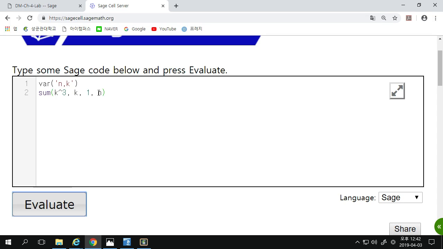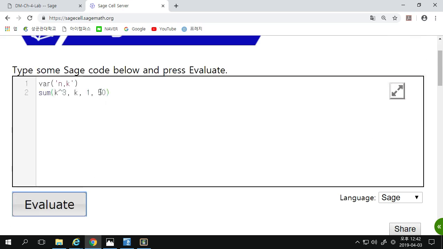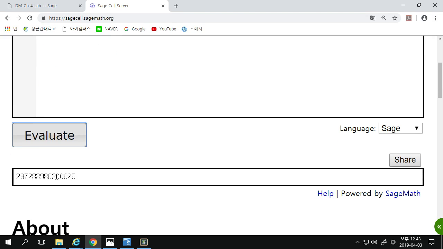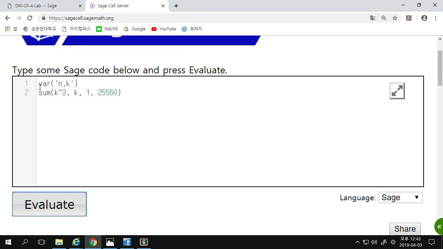If we add up the cubes of, say, 25,550 terms, then the size will be this, and we can easily compute all the summations with a simple command, the sum of k cubed from k equal to 1 to 25,550.